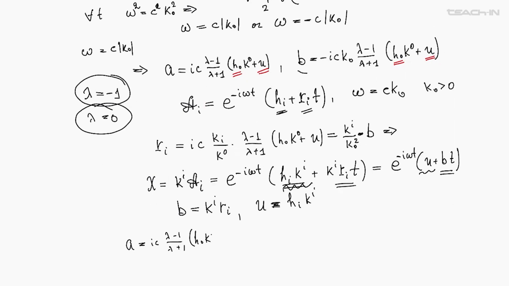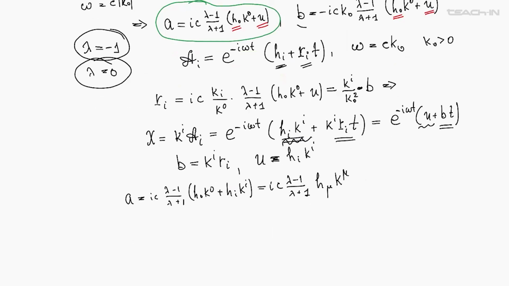I come back to this expression, and now I know what u is. u is h_i k_i, and I conclude that this expression becomes the covariant pairing between h_μ and k_μ. This is how it looks like. And an expression for B, which is this one.